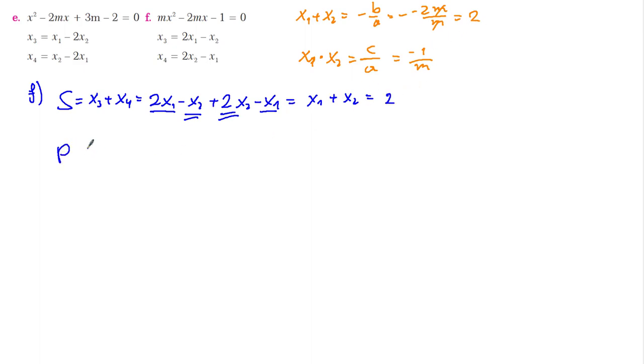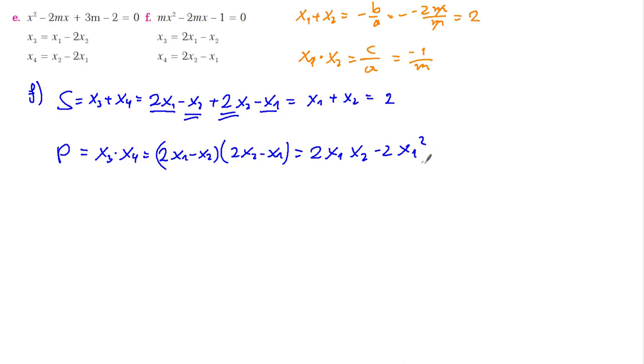And the product, well, the product would be x3 times x4. That makes 2x1 minus x2 times 2x2 minus x1, multiply here and let's see what we get. 2x1 times 2x2, that's 4x1 x2, minus 2x1 squared, minus 2x2 squared, plus x1 x2.